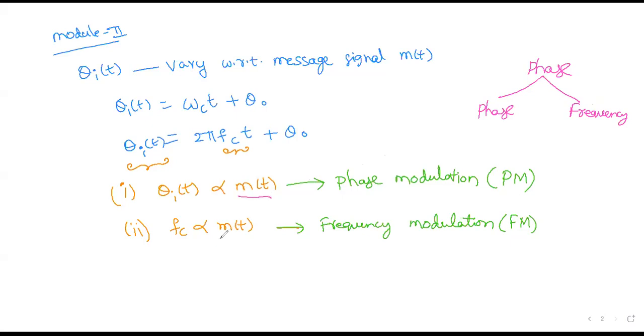Both are changing with respect to the message only. So this will also change the phase of the carrier signal. Am I clear? Any doubt so far? If you have any doubt, you can text me.